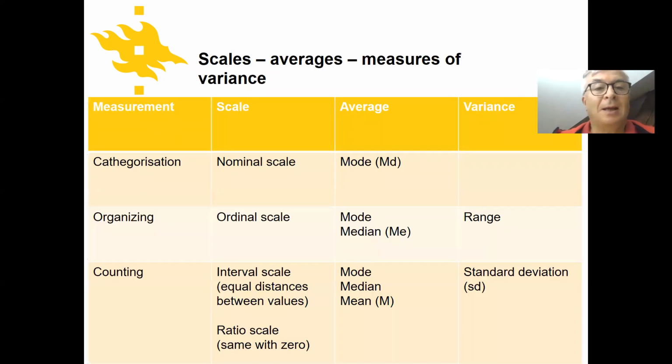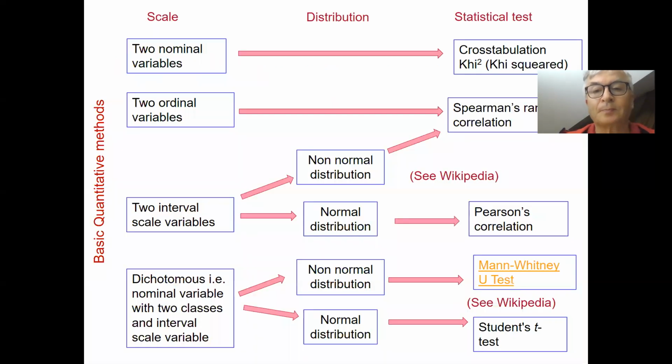Okay. And you remember the discussion about the different types of scales. Typically, we are interested here in interval scale variables so that we can actually use correlations, and that's the basis for the discussion today. And this was the first one.